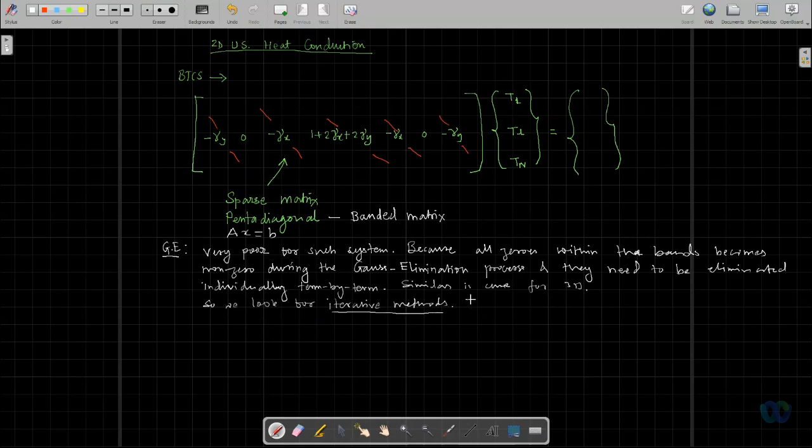And in iterative methods, we start with a guess solution.